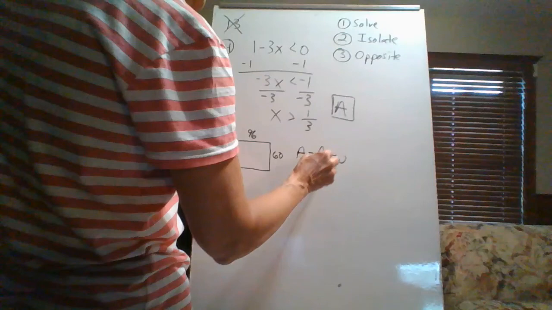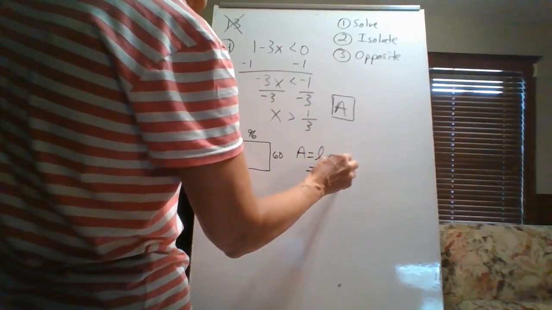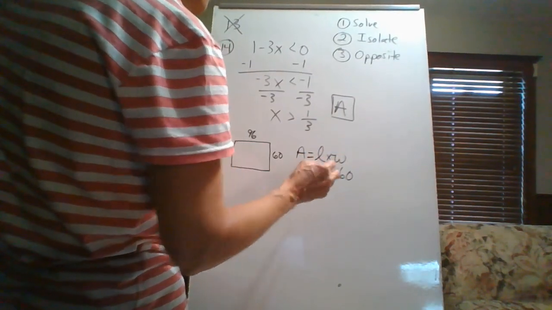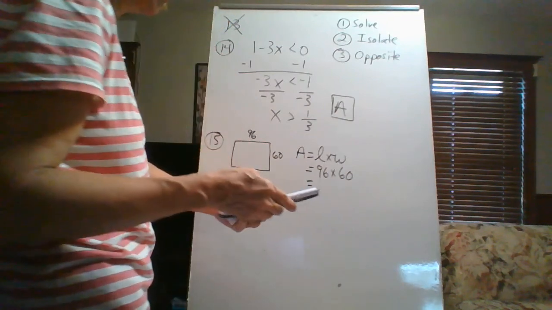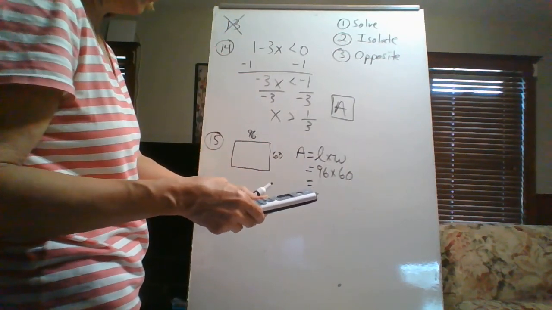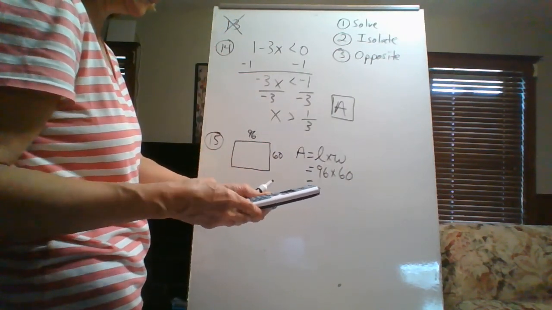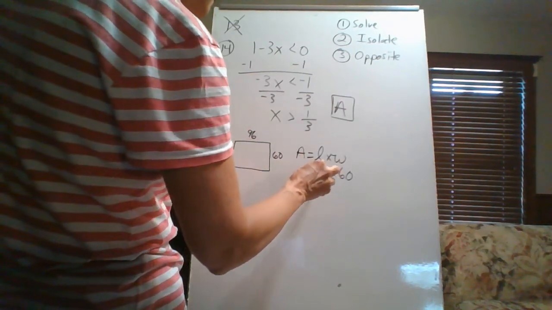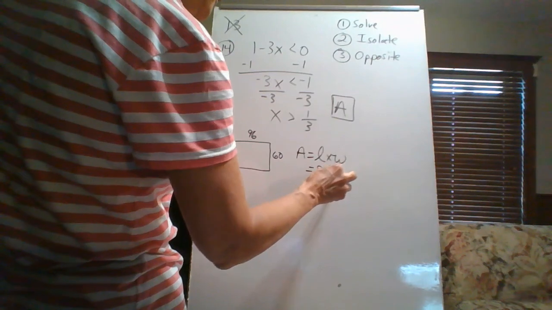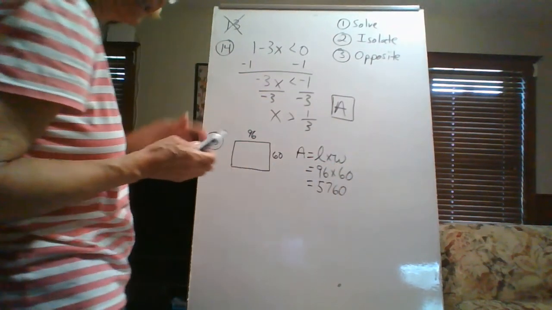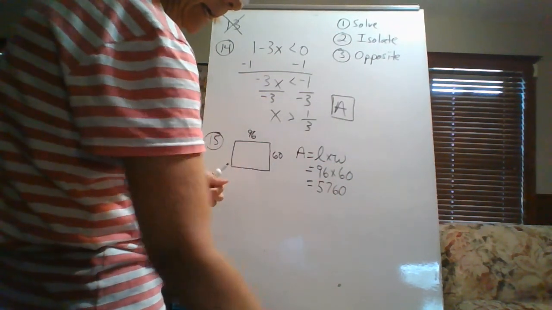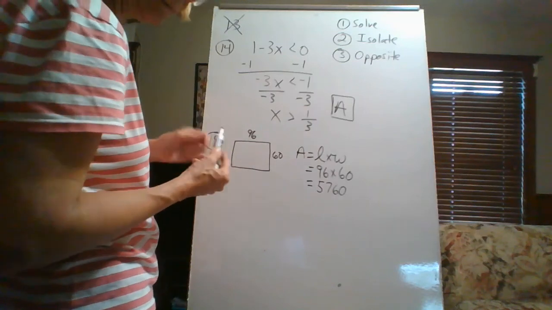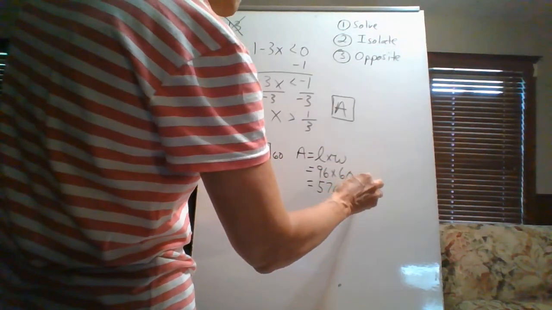So in this situation, it's 96 times 60. Use your calculator. 96 times 60. So the area I'm covering is 5,760 square feet. Okay, square inches, sorry.